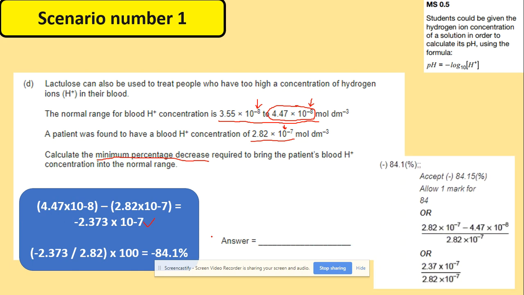In terms of the answers, that's the answer that you should achieve. They would accept this or 84, but those calculations here are obviously slightly different to what you would get on the final answer.